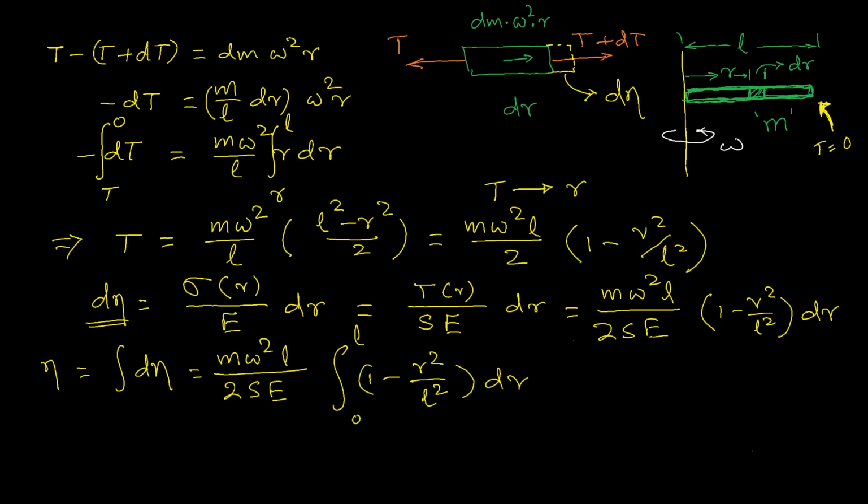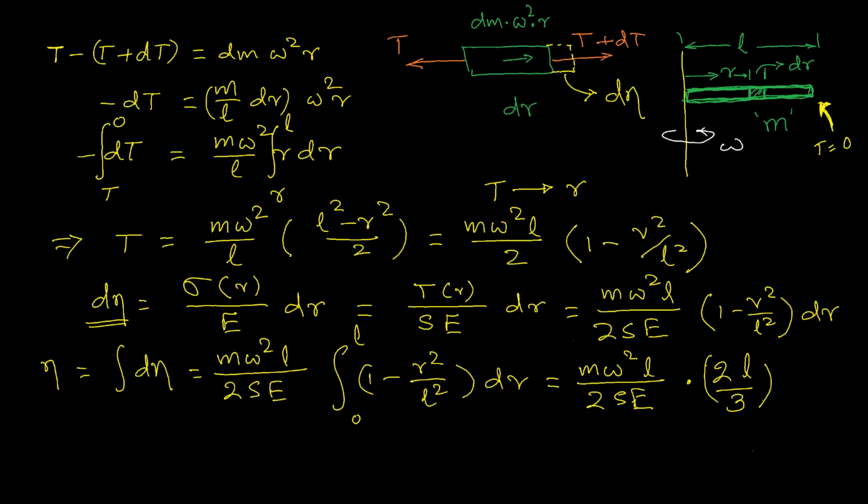If we evaluate this, we get m omega square L over 2 SE times 2 times L over 3.